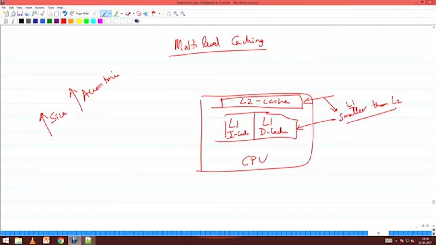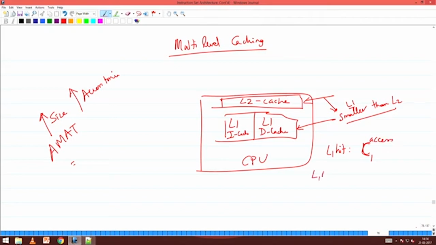Now what will happen to AMAT? Again I will take one instruction. Take any instruction, an L1 hit means it is going to get the level 1, C1 access time.